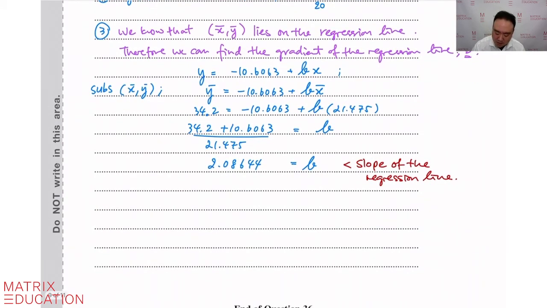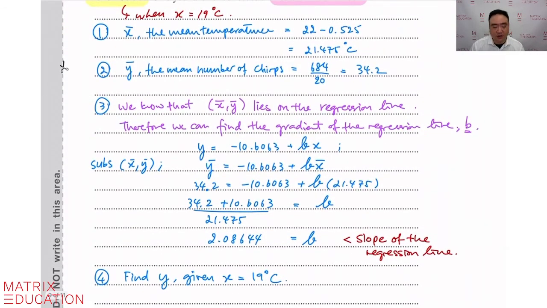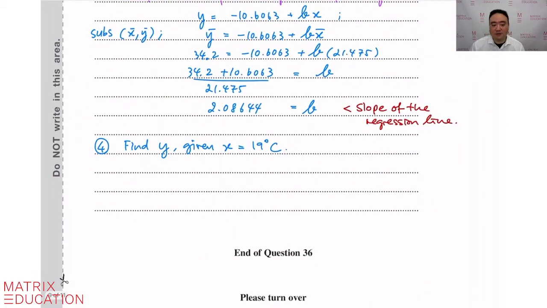Now, number 4, find y given that x is 19 degrees. We have to scaffold this question ourselves. You need to understand the given information, how to use it, and then structure your response. So I'll break it down by steps for you. Number 4, we find the value of y, or the number of chirps, given that x equals 19.